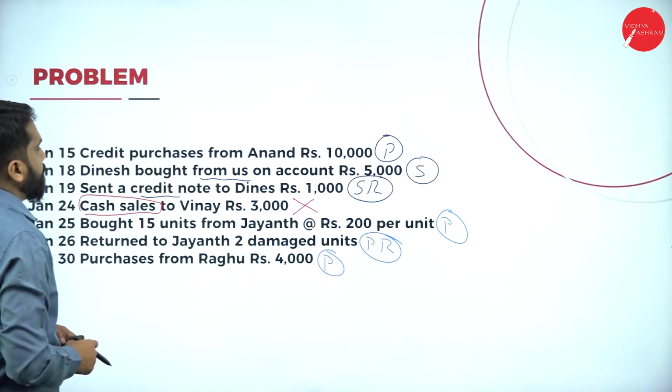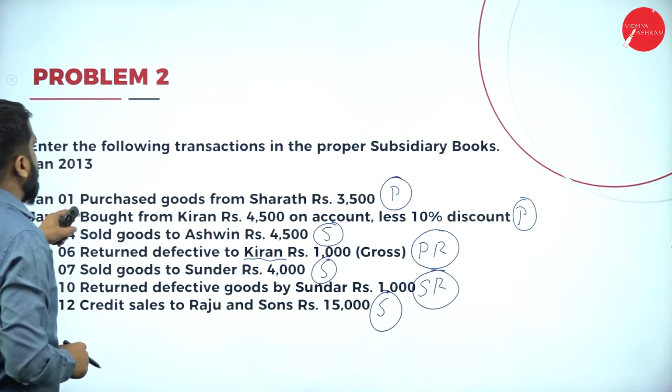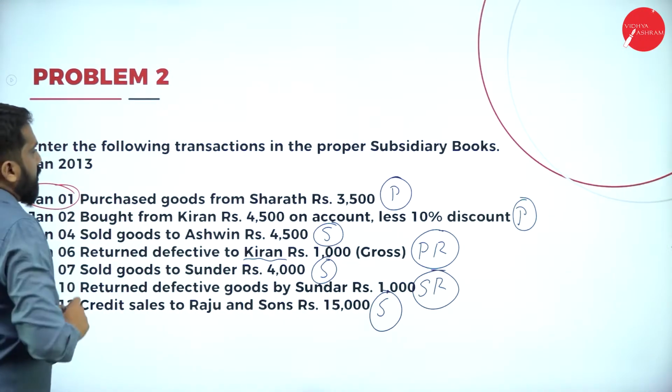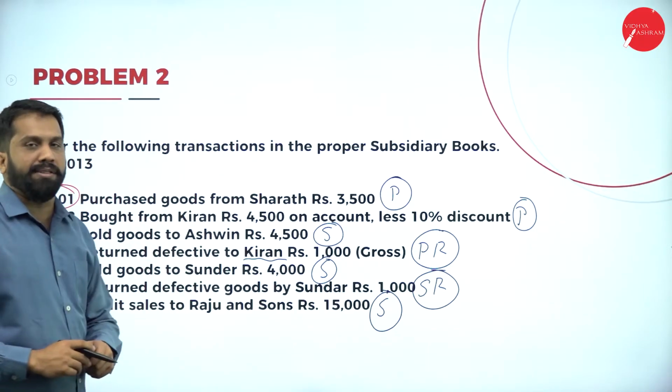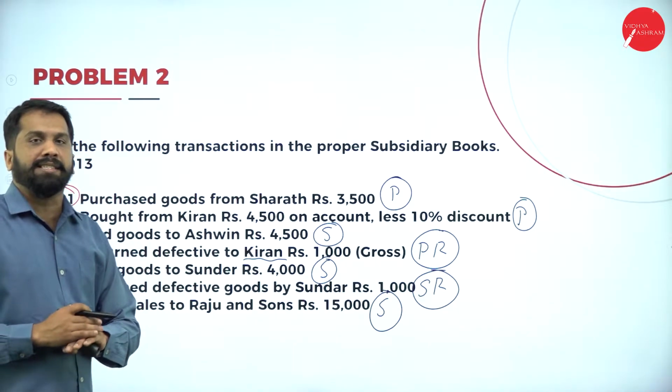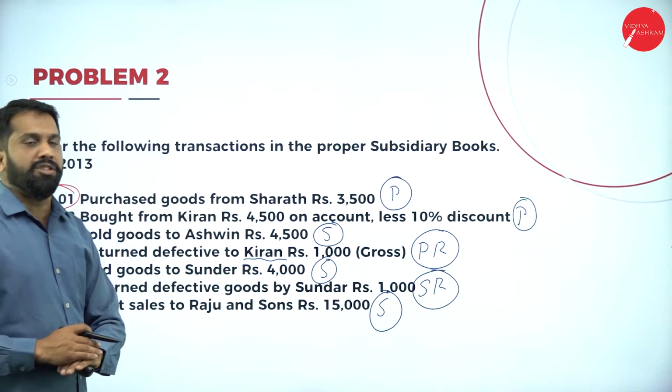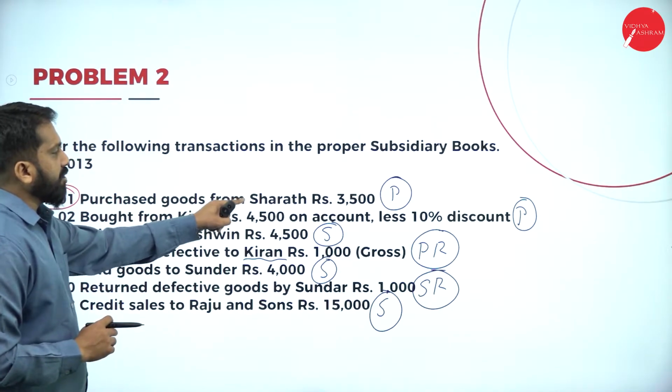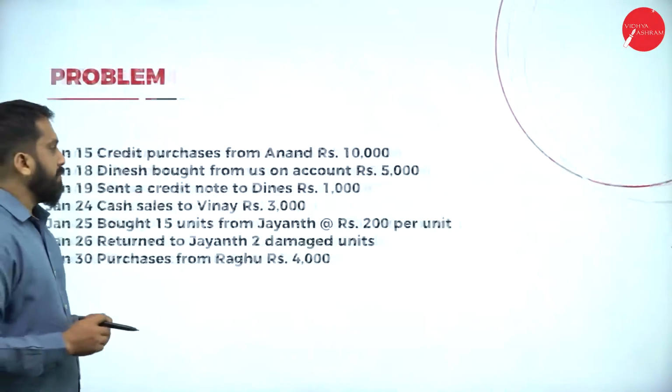Now, January 1st, purchase goods from Sharath 3,500. We don't want sentence, I will not write any narrations. Just we need name.